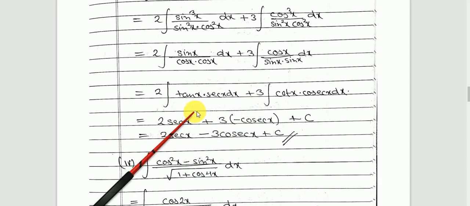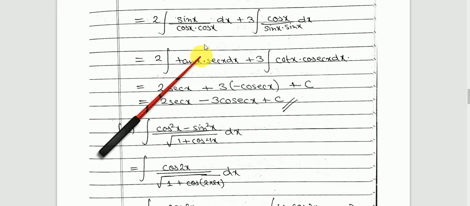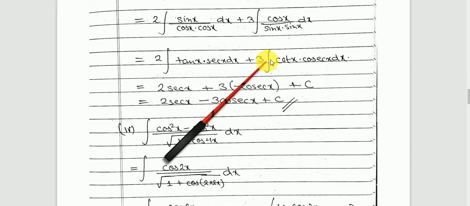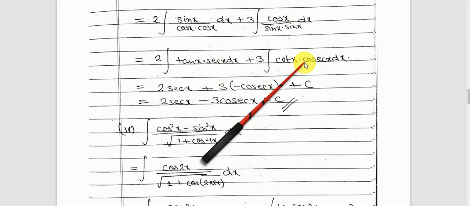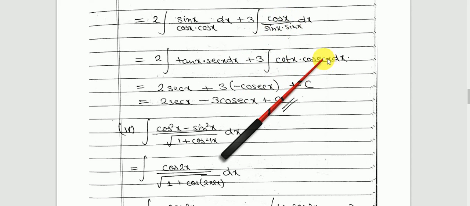In the next step, this sin x upon cos x can be written as tan x, and this 1 upon cos x can be written as sec x, plus 3 times cos x upon sin x can be written as cot x, and 1 upon sin x can be written as cosec x.